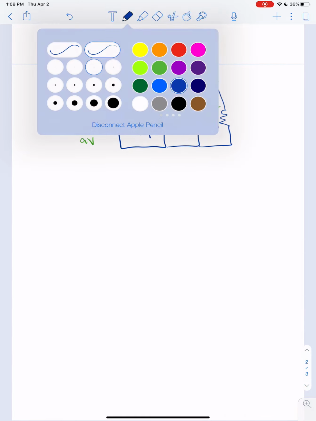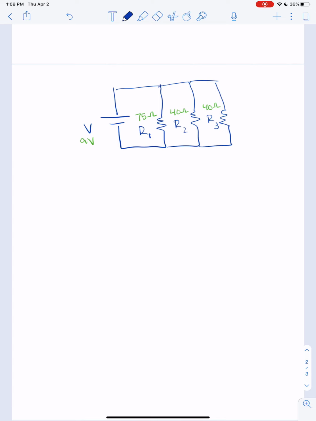Since the voltage is going to be the same for each branch, we can calculate the current for each branch. So what do I mean by that? Well, we know that from here to here, we have a voltage difference, a potential difference of 9 volts. And they all end like that, right?